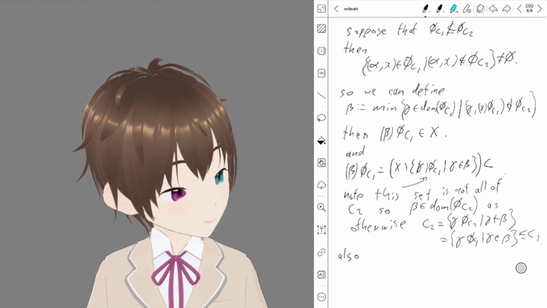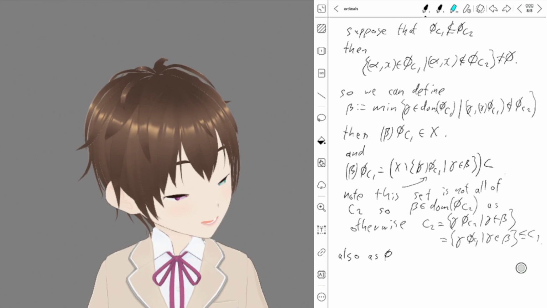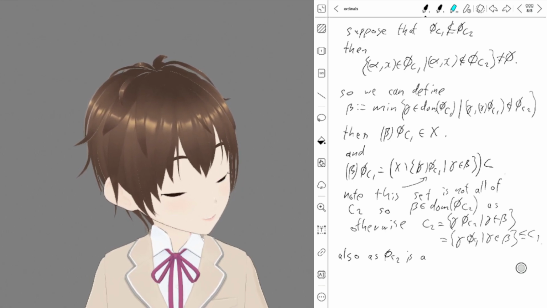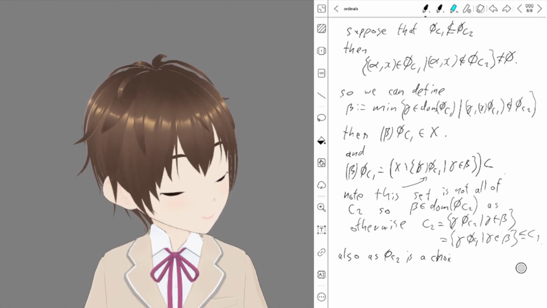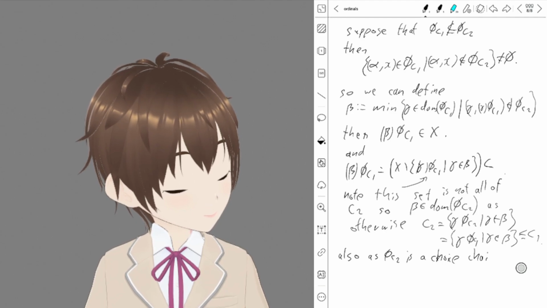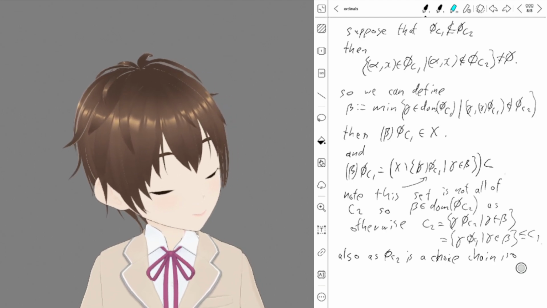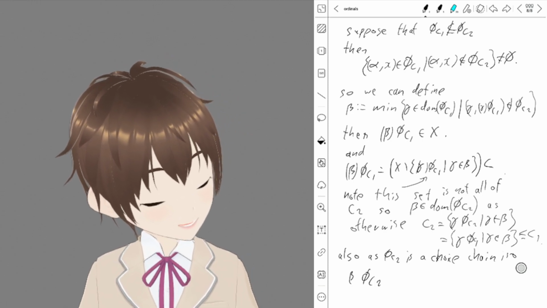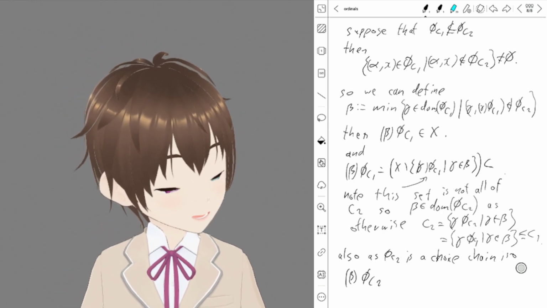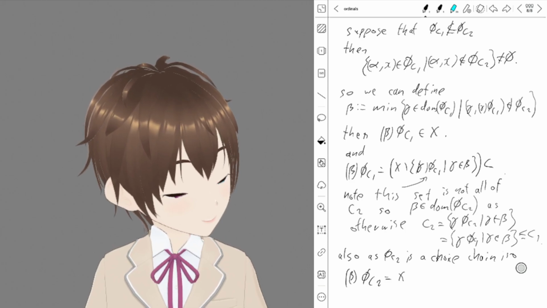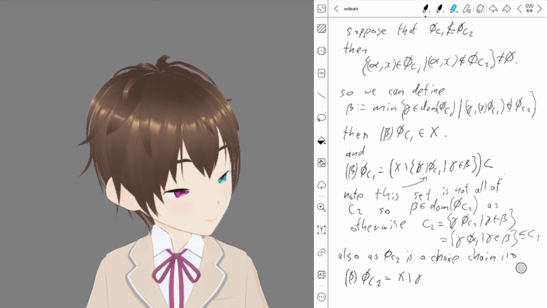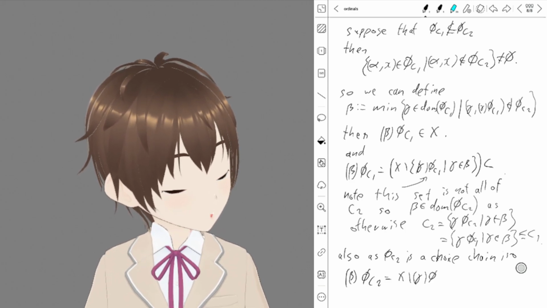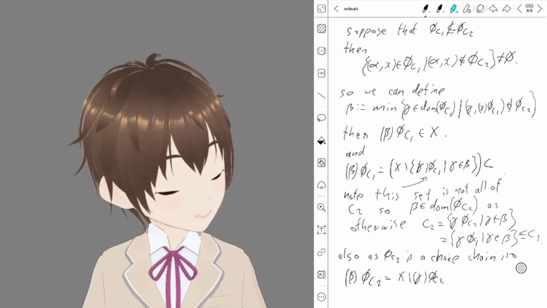So also, as phi C2 is a choice chain isomorphism, I know that phi C2 beta is actually the same thing, because I'm choosing from the same set, equal to X gamma phi C2, which is the same as phi C1 for these small gamma.